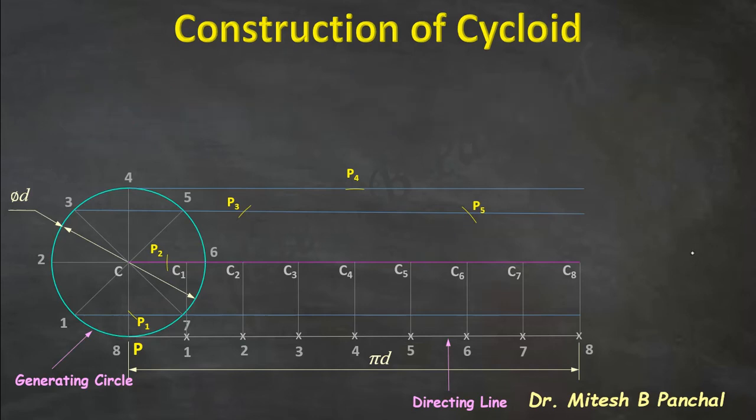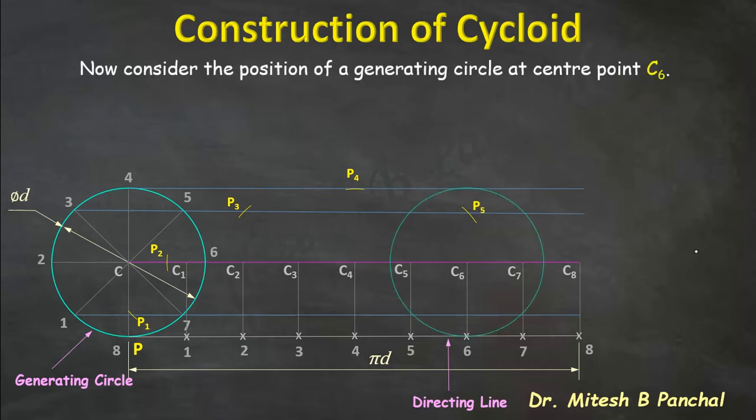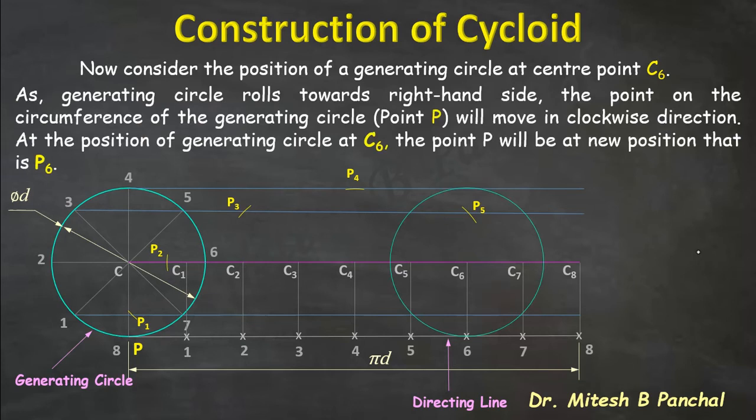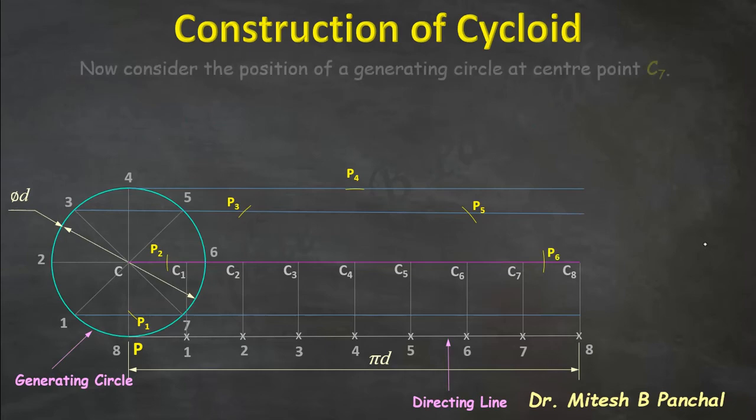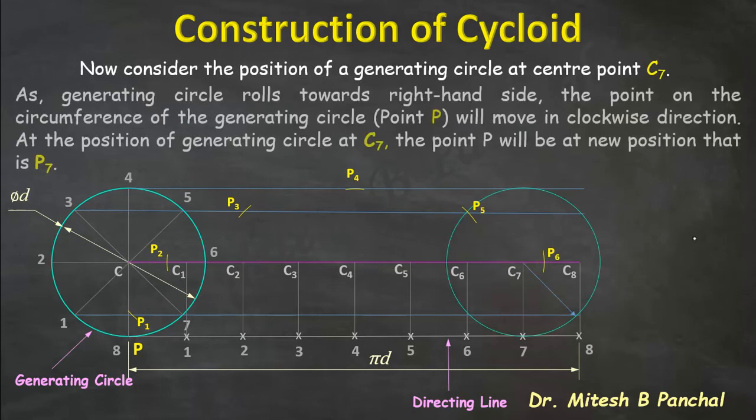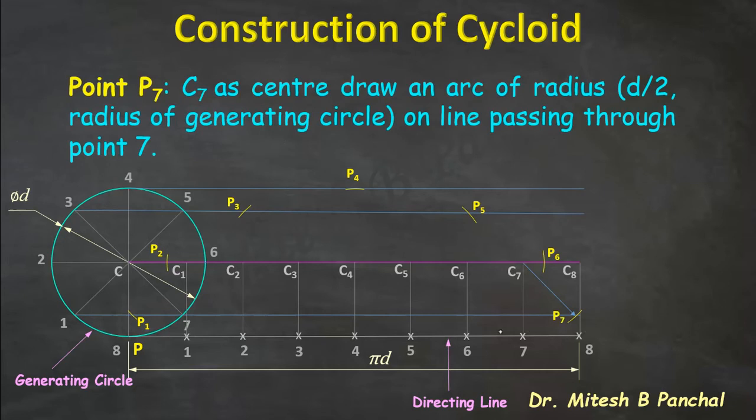Now with C6 as a center, draw an arc of radius equal to d by 2 on the line passing through point 6, so we can obtain point P6. In a similar way, we can also obtain point P7. P7 is obtained by considering C7 as a center, radius equal to d by 2, and an arc on the line passing through point 7.